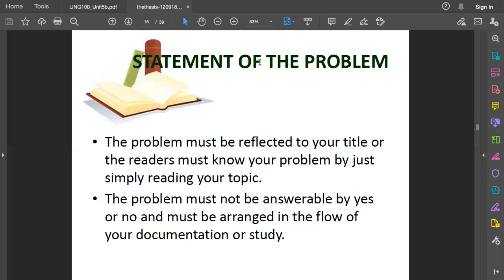I think in BSIT it's question type. But on my part, it was objective. It was imperative type. So the statement. The first question: what are the things that you need to consider when you are writing a statement of the problem?